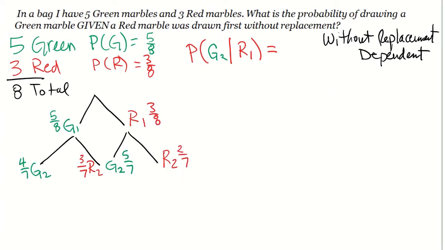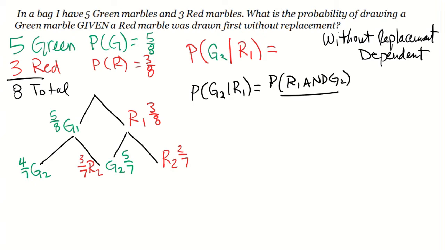Now let's solve this problem using the formula. I want to solve for the probability that I will draw a green on the second try given that I drew a red on the first. So that is the probability of drawing a red and a green divided by the probability of drawing a red.